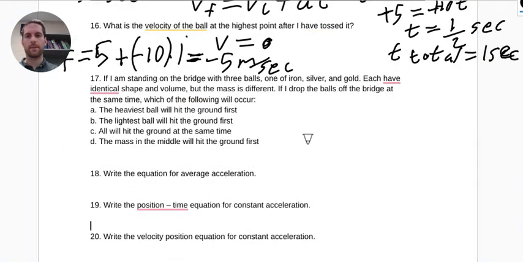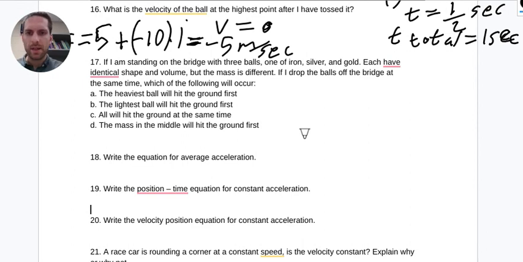All right, for 17. For this problem, there's actually two cases where you have different answers. In the real world, with gravity and air affecting things, the heaviest ball will hit the ground first, as it will have less air resistance, because it will slice through the air a little easier, because air resistance is dependent on mass.